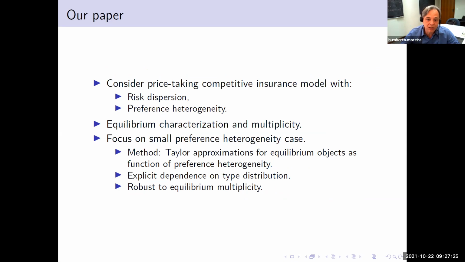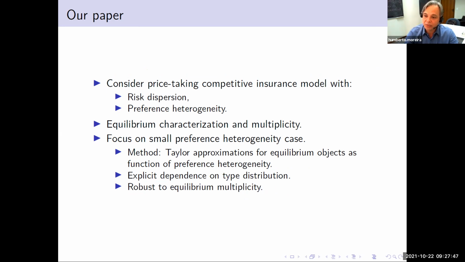So we consider a price-taking competitive insurance model with risk dispersion and preference heterogeneity. We provide the equilibrium characterization in this model, and we show that there might be multiple equilibria. In order to deal with this multiplicity of equilibria, we focus on the small preference heterogeneity case.